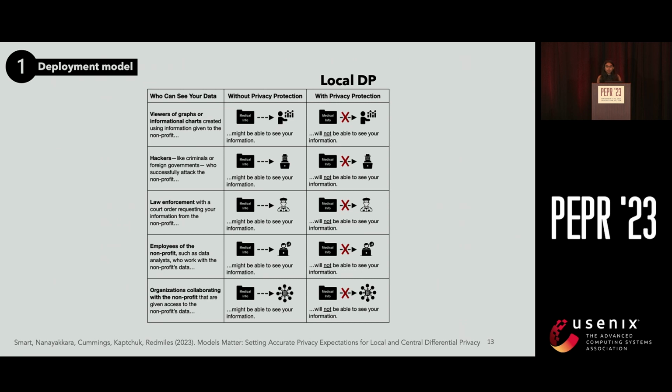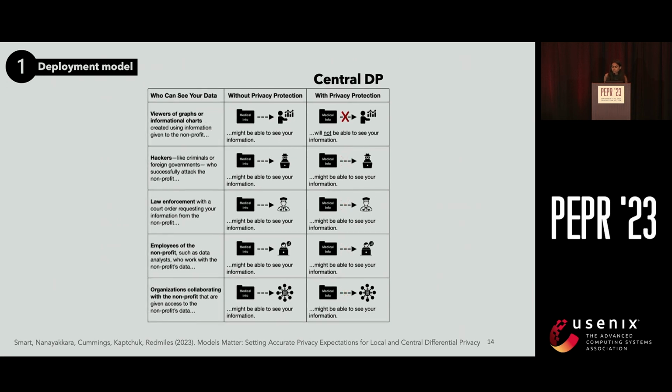And here is the example for the local model, where we see that all the flows in this chart are restricted. And here's an example for the central model, where only the first flow is restricted, so nothing else about the table has changed. Our high-level takeaway here is that privacy labels are useful in conveying implications of DP given a deployment model.